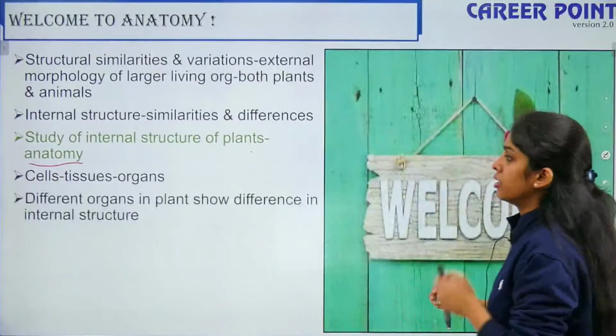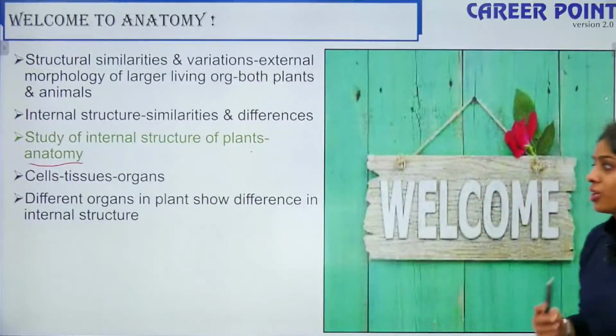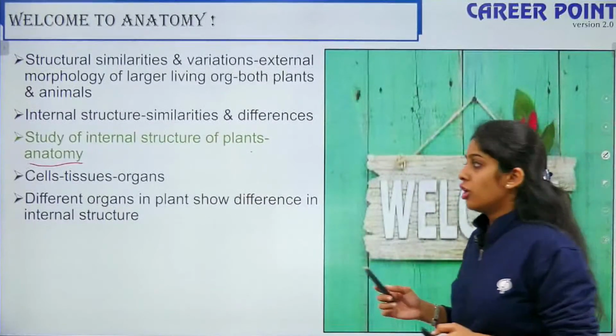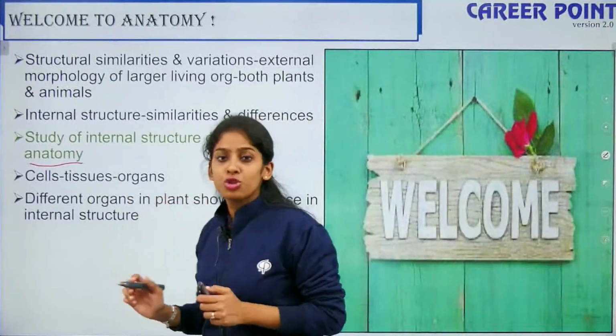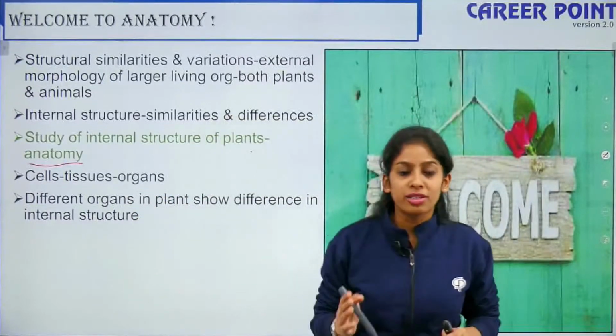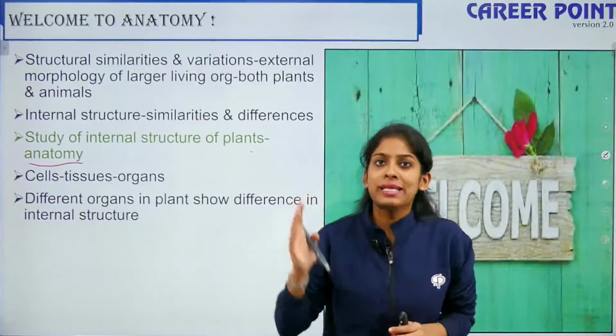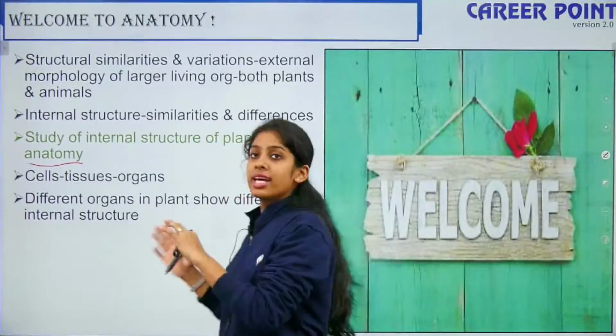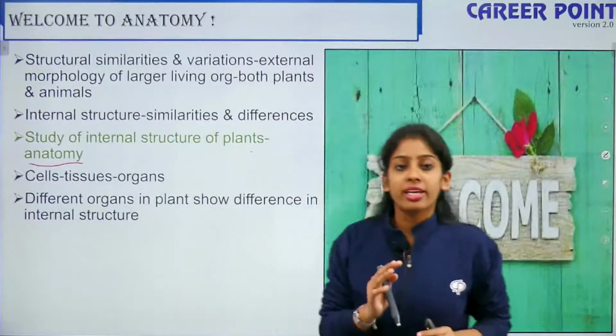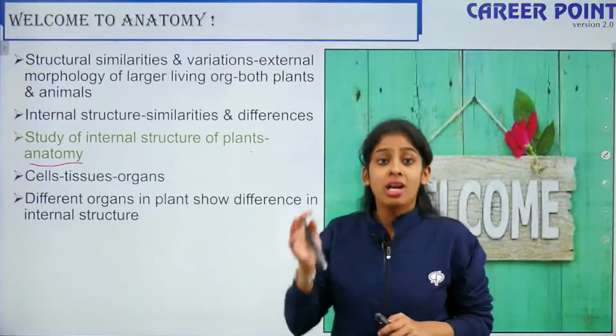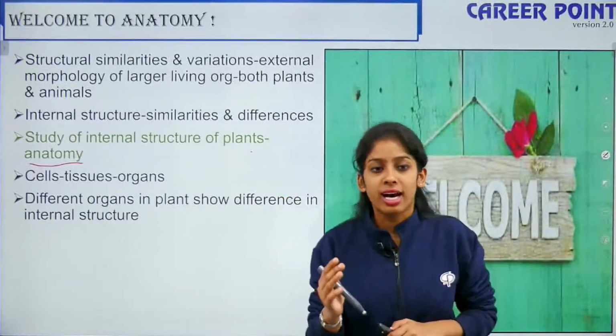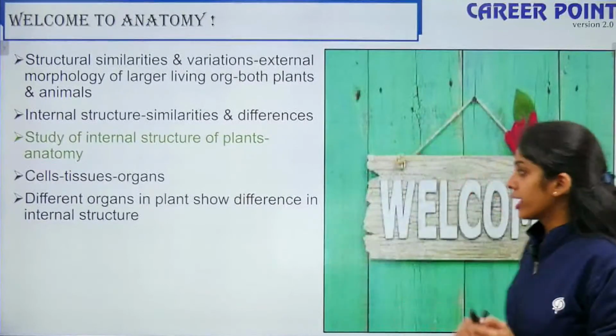Different organs in plants show differences in the internal structure. For example, root shows a different arrangement, stem shows a different arrangement, leaf shows a completely different architecture. Though they are in the same plant, the arrangement and the architecture of each organ is pretty different. How different are they? How similar are they? That is what we are going to explore in this chapter.